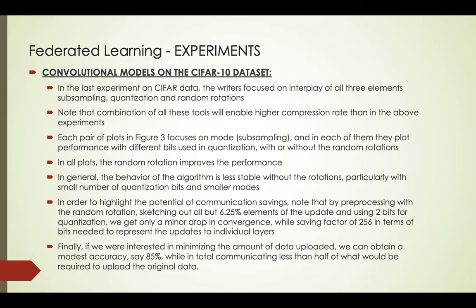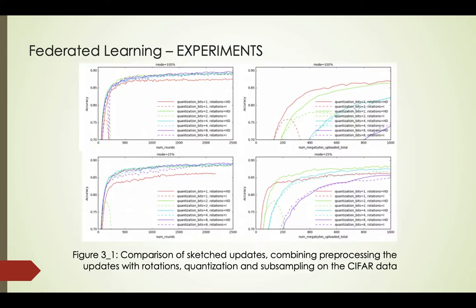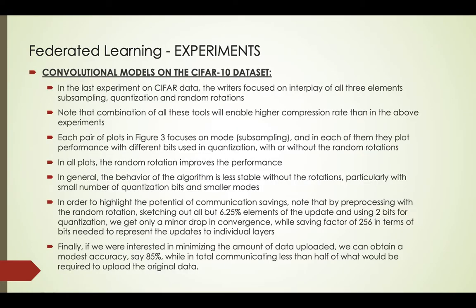In the last experiment on CIFAR data, the writers focused on the interplay of all three elements: subsampling, quantization, and random rotations. Note that the combination of all these tools will enable a higher compression rate than in the above experiments. Each pair of plots in Figure 3, this one, focus on mode subsampling, and in each of them they plot performance with different bits used in quantization, with or without the random rotations.